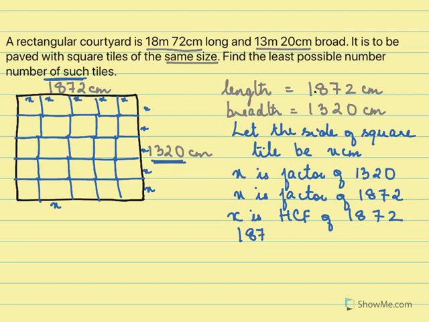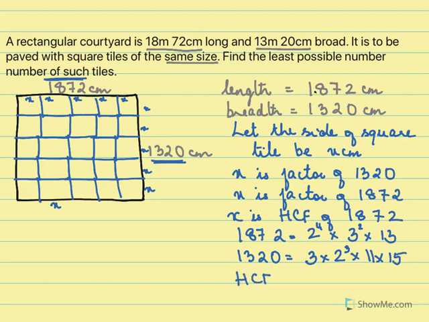So the prime factorization of 1872 is 2 raised to 4 into 3 square into 13. And then we also have the prime factorization of 1320, which is 3 into 2 cube into 11 into 5.